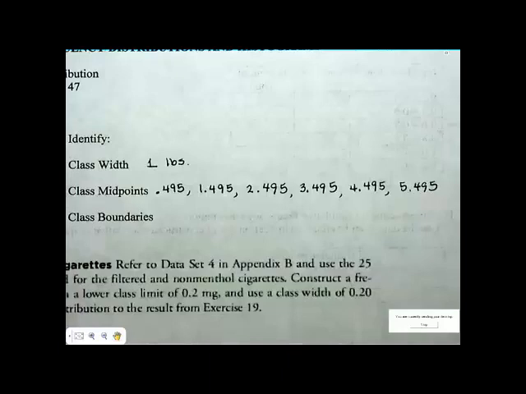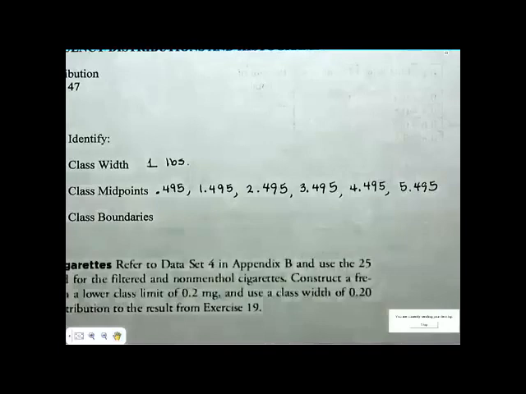If I was going to use from 80 to 90 for one of my classes when I was tallying up grades, I would just add the 80 plus the 90, which is 170, and divide by 2. 85 would be the class midpoint. All right. So you just add the lower limit to the upper limit for each class and then divide by 2 to get what's exactly in the middle of the upper and the lower limits.